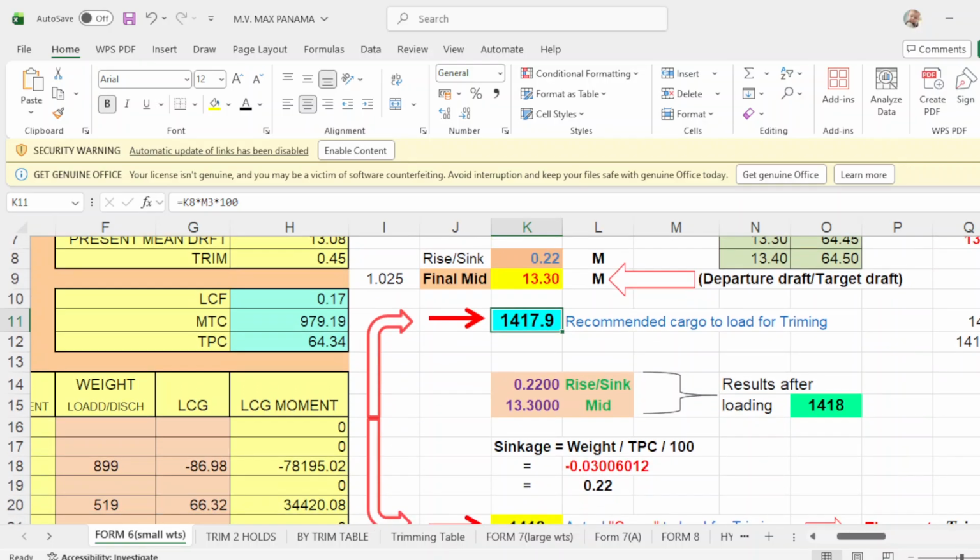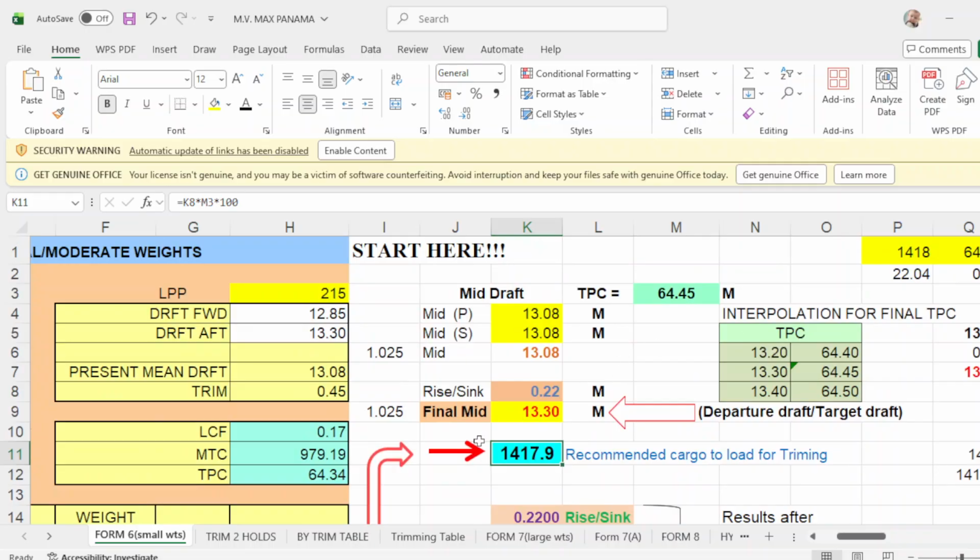To get the value of recommended cargo to load, click K8, which is the sinkage, times your M3, which is the TPC of your departure draft, times 100. Take note, guys, when you put your departure draft of 13.30, you interpolate the TPC. Once you have interpolated the TPC, it will be 64.45.